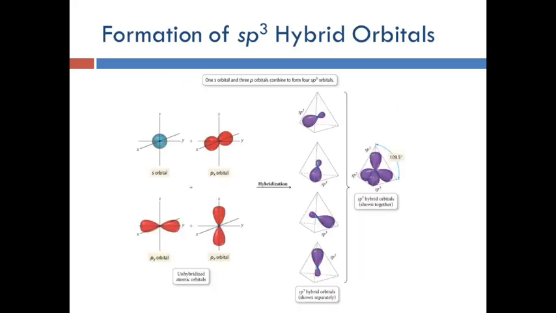We can also have sp3, because in that second energy level there's one s and 3 p orbitals. So combining all of these, the first one wasn't easy to draw. This is much worse, so I'm not even going to try. You still get these drumstick shapes, but now they're going to be oriented into the corners of a tetrahedron, and we get the tetrahedral geometry. 4 equivalent hybrid orbitals, and they're called sp3.